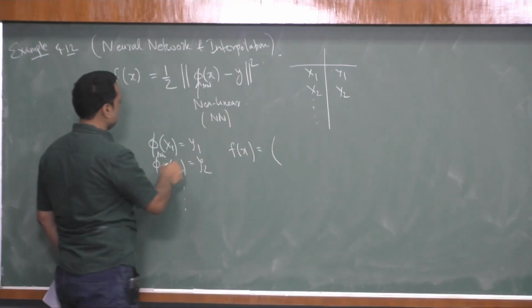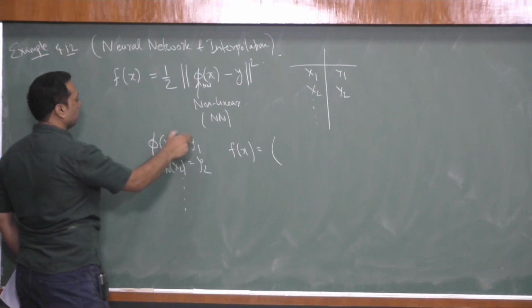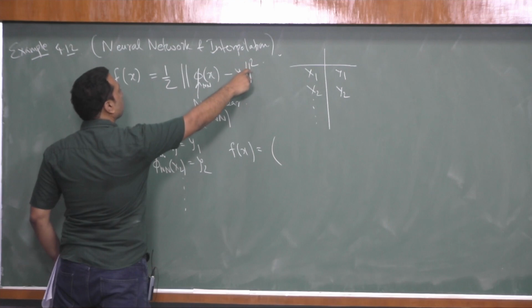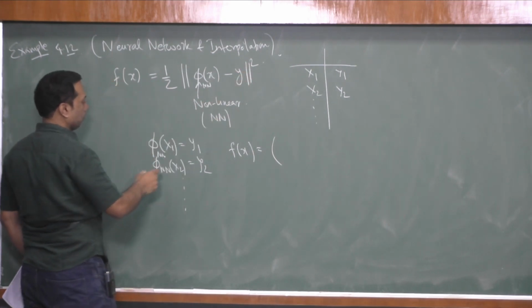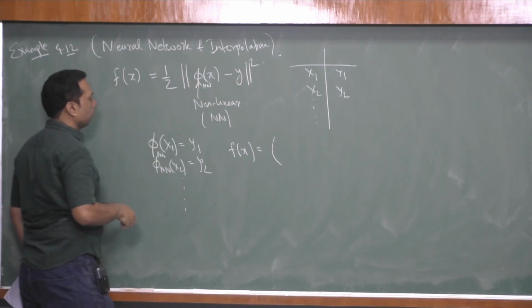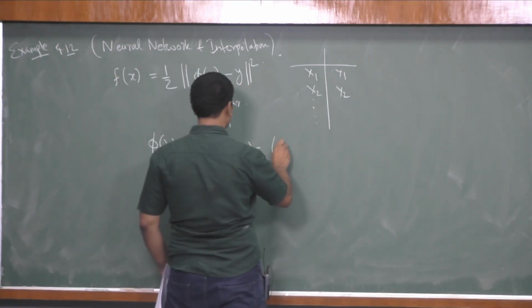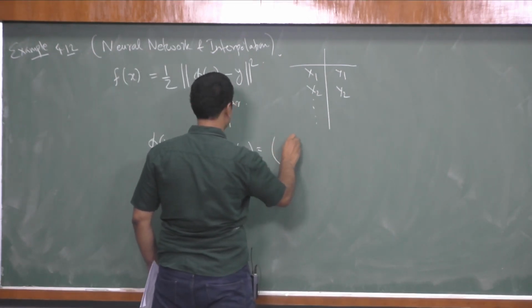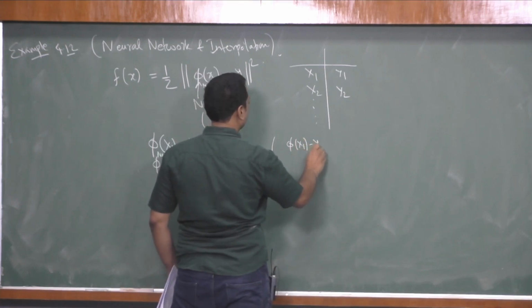Now it depends, if you just take a difference and take a mod as an error, or take a difference and take the square of the norm as an error, it's up to you. The norm itself can change in many ways, but this is basically phi x1 minus y1, exactly the same.